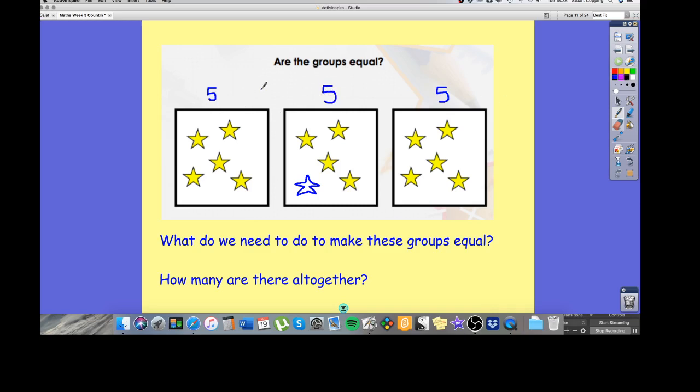Now we've got our number sentence, look. 5, add 5, add 5 equals, so when we're looking at all together, that means the total number of stars, let's count in 5s, 5, 10, 15. 15 is our answer. We could say that is 3 groups of 5 equals 15 as well.